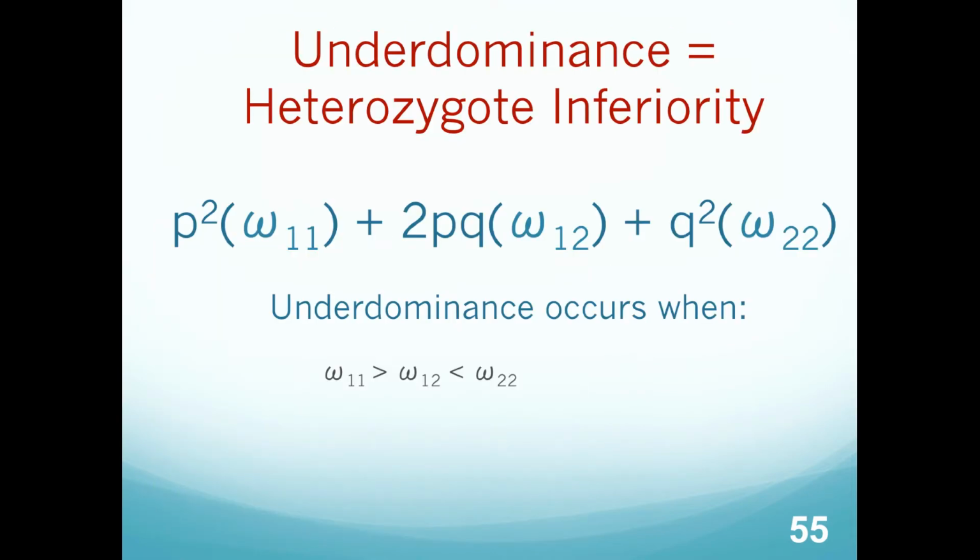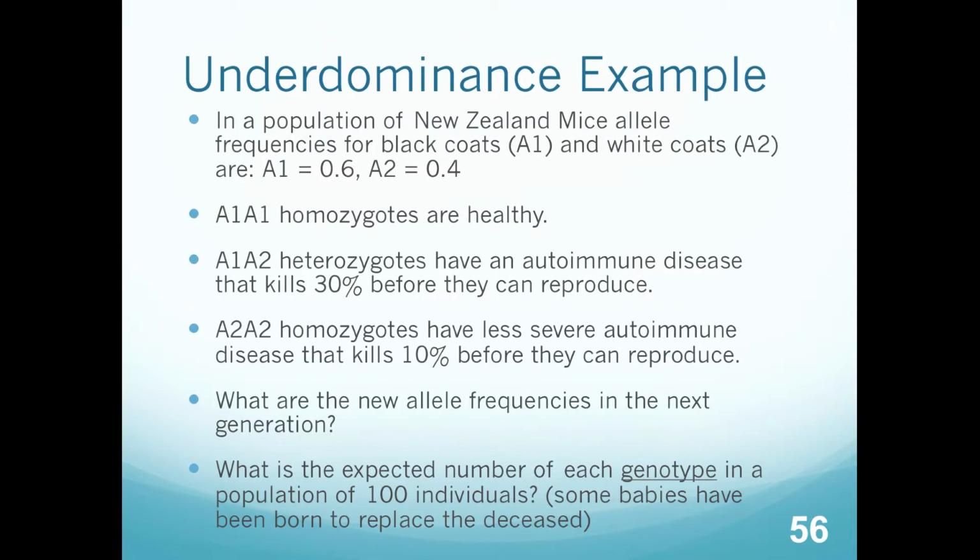The third mode of selection is underdominance or heterozygote inferiority. In this case, we have selection where the fitness of the heterozygote is less than the fitnesses for the two homozygotes. And we can imagine a cross between New Zealand mice that have been diverging in different populations for a while.